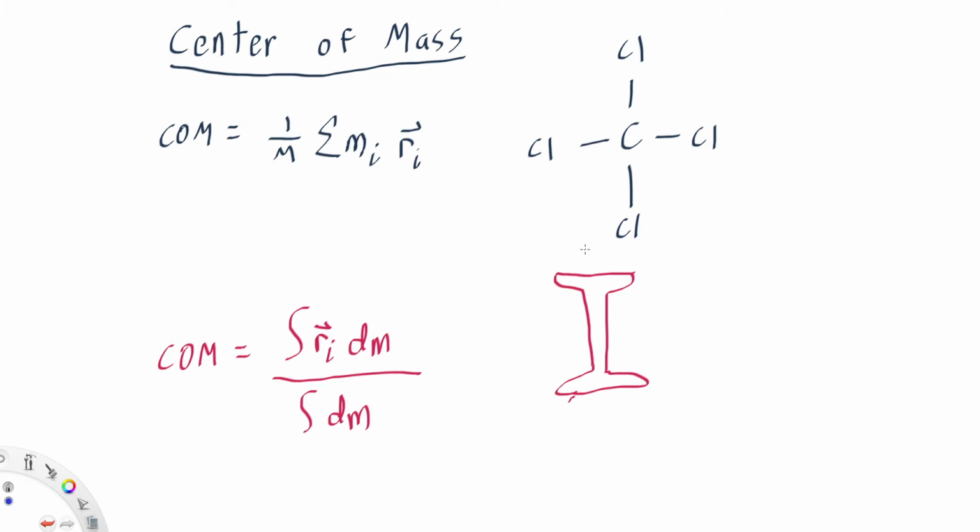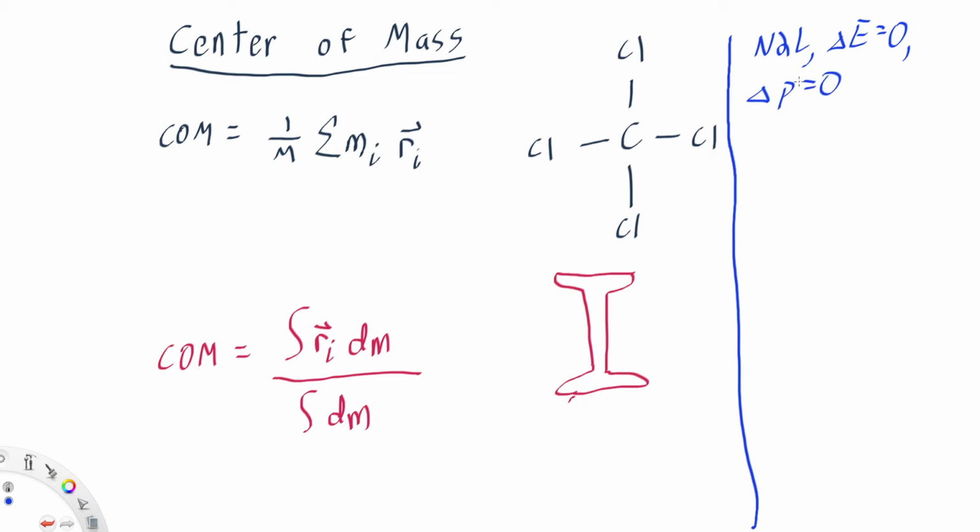Now, why do we care to find the center of mass of objects? Because all of the tools that we have learned so far, right? So Newton's second law, conservation of energy, conservation of momentum, kinematics. These don't just apply to point particles. These all apply to center of mass analysis.